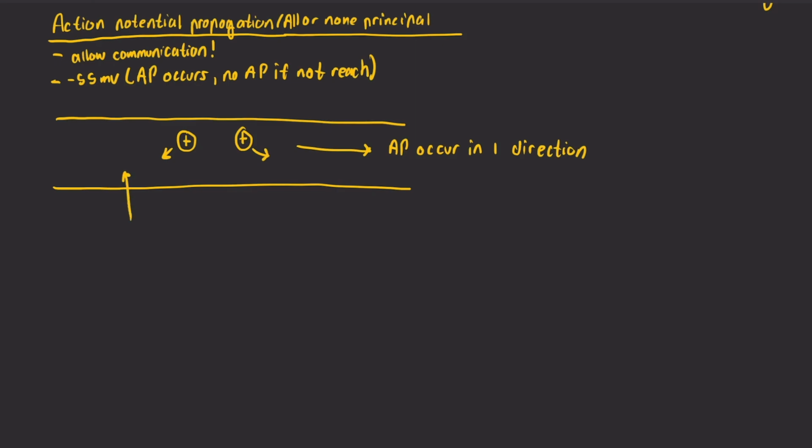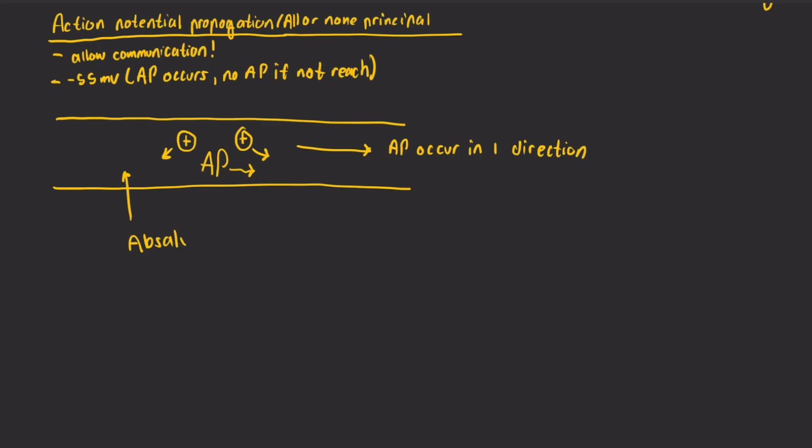So over here, let's say the action potential is happening here, okay? So AP over here. And let's say there was already an AP here. This area would be an absolute refractory period, meaning that no matter how strong the stimulus is, you're not gonna have those sodium voltage gated channels open.